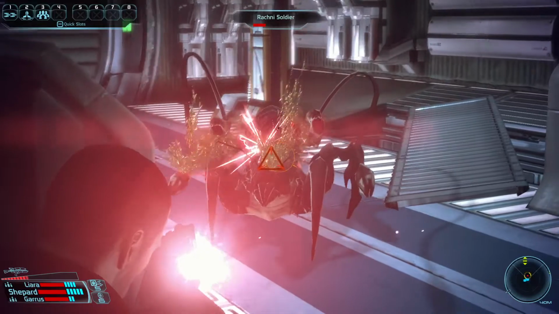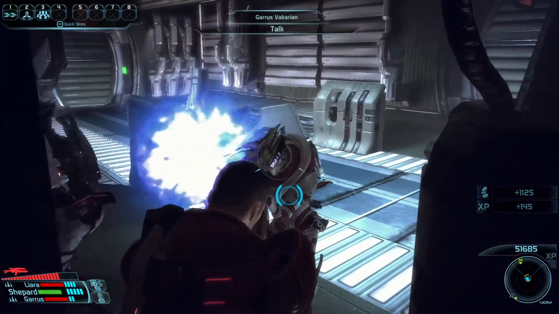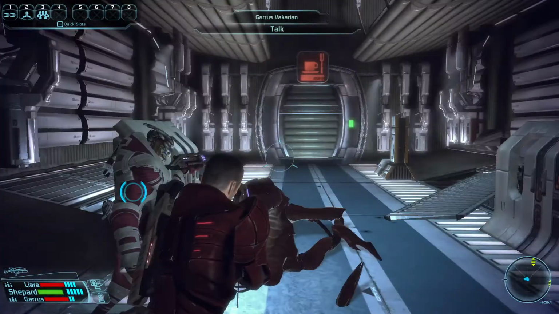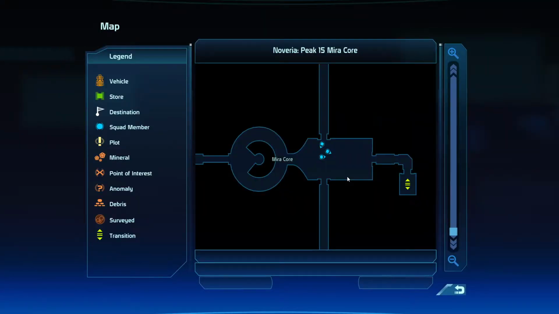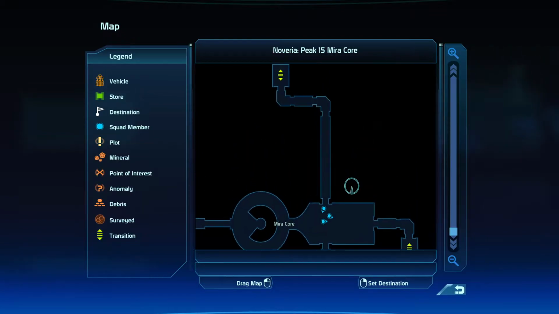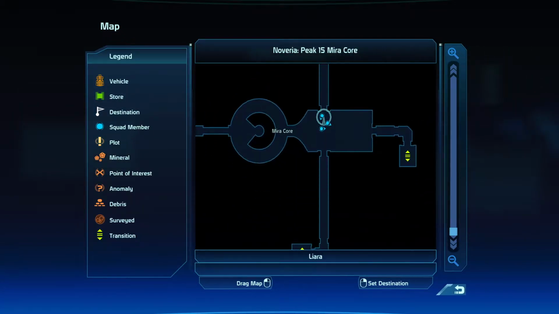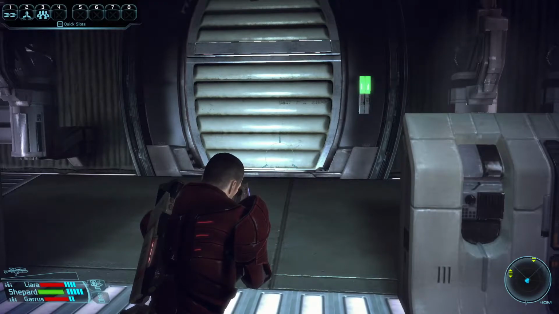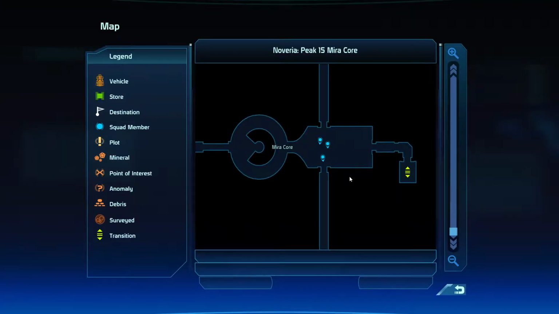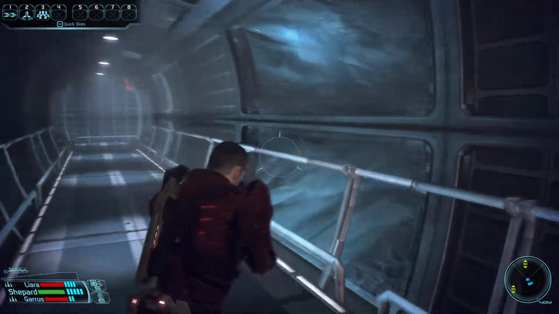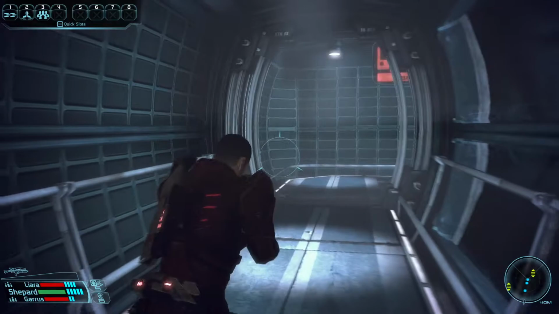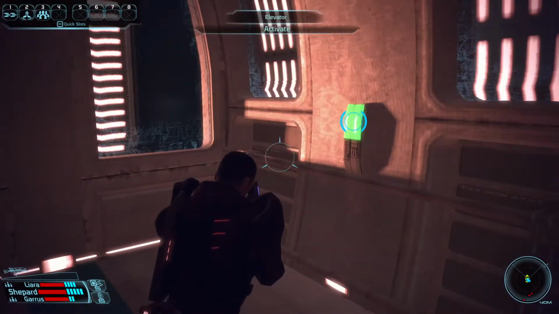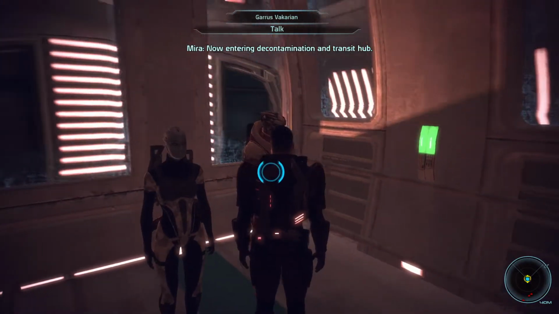Now it gets... All clear. Now entering decontamination and transit hub.